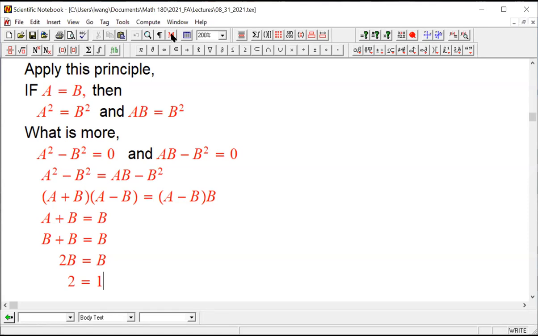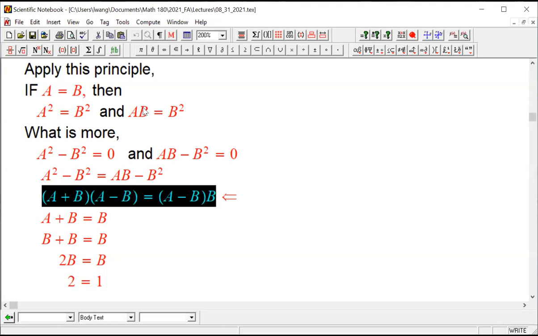We just talked about we cannot divide by 0. And we cannot multiply by 0 either, right? Because if you reverse the step, you're dividing by 0. So this is the step that will cause the 2B equals B, 2 equals 1.